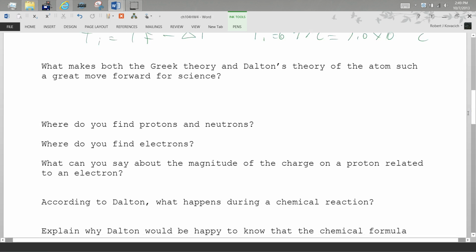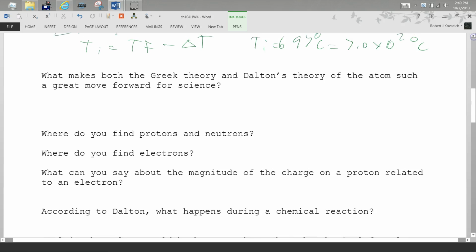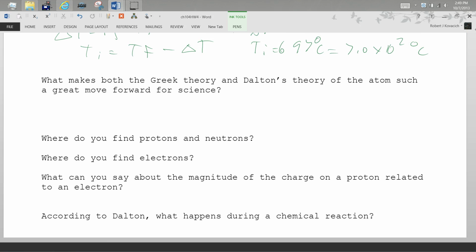What makes both the Greek theory and Dalton's theory of the atom such a big, huge move forward in science? Why is this a big move forward? Between the both of them, they accurately describe atoms and their composition. Okay, so describing atoms, why is that important?